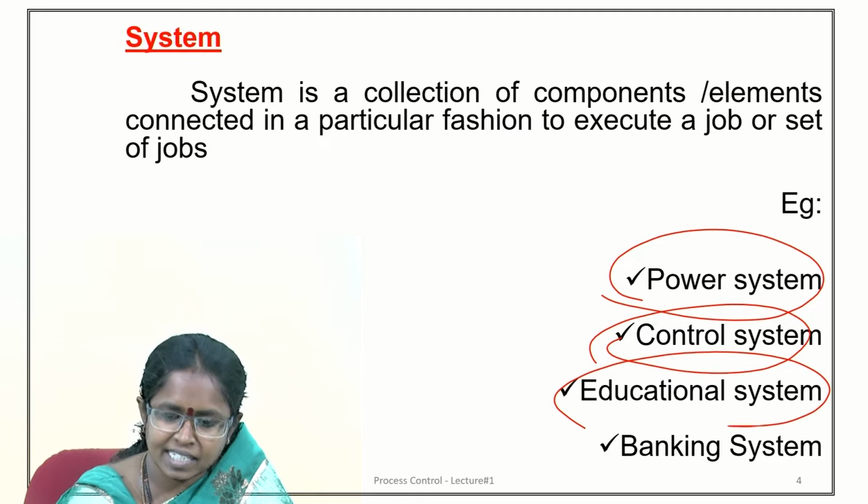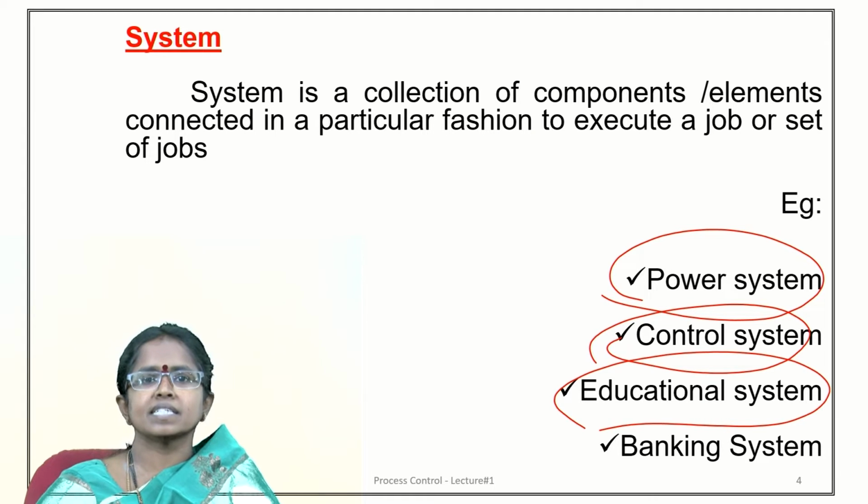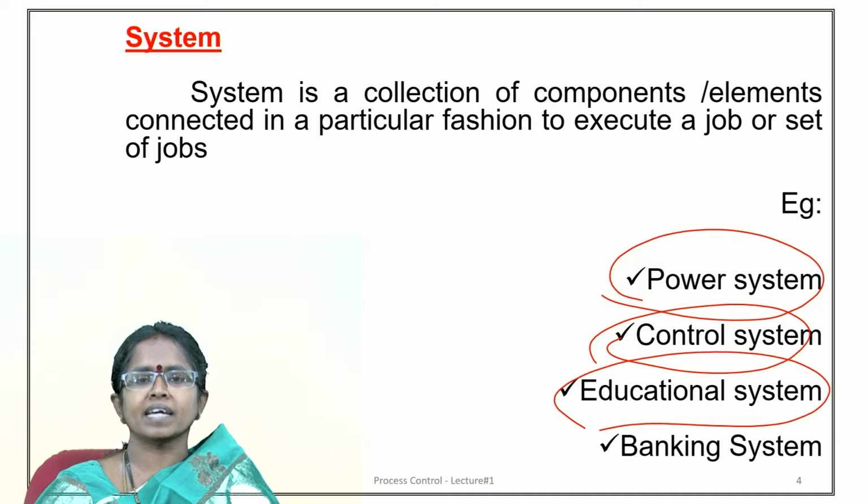Then the educational system. What is meant by an educational system? For example, you can take our university: the staff, the students, the classroom, the blackboard, the chalk piece, everything is connected in a manner to perform a specific function. What is the function it is doing?